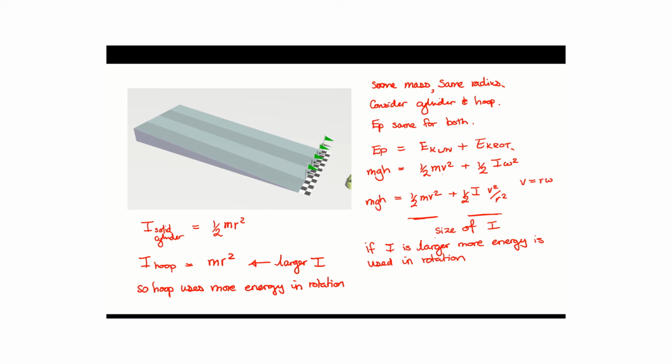And if it's using more energy in rotation, the velocity at the bottom is less, therefore its acceleration is less. If you just think of the equations of motion, if Vf is less, the acceleration will be less, and that means it reaches the bottom later.